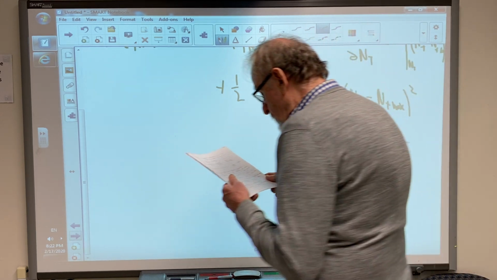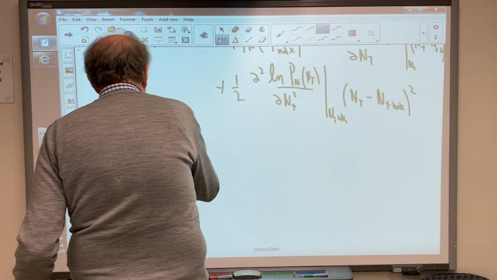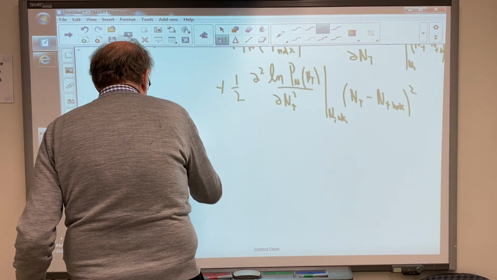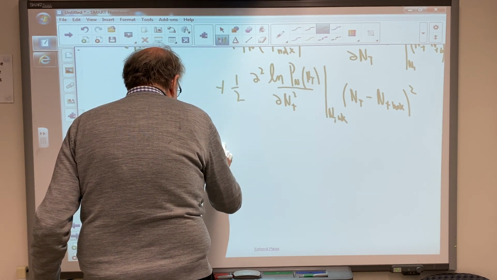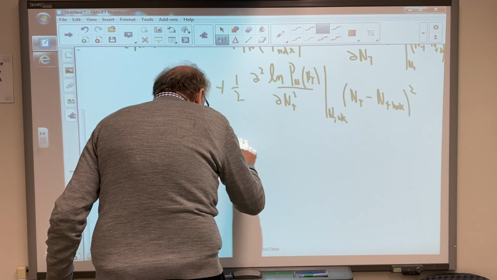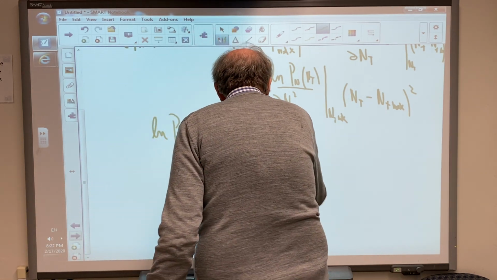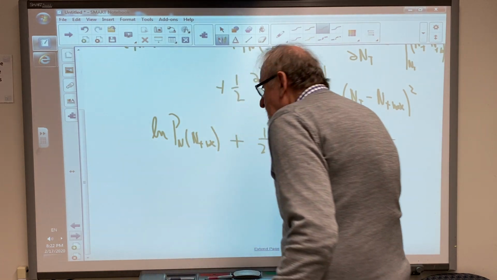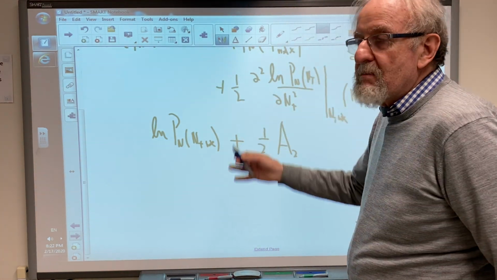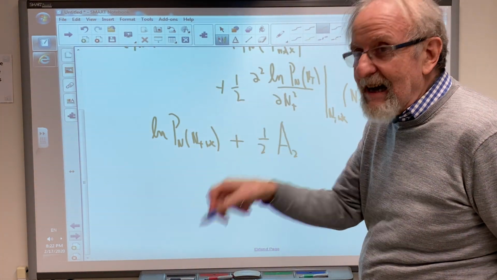But if you expand around the maximum, by definition, the derivative is 0. So what I have is, in reality, the logarithm of Pn calculated at n plus maximum plus 1/2 the second derivative, let me call it a2 for the time being, but it's some number because I am calculating it exactly at the maximum.